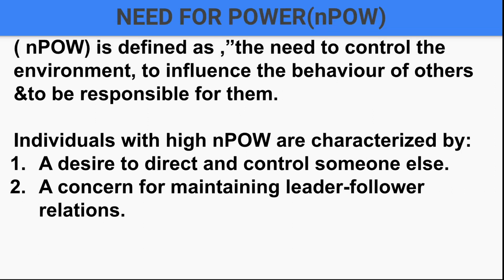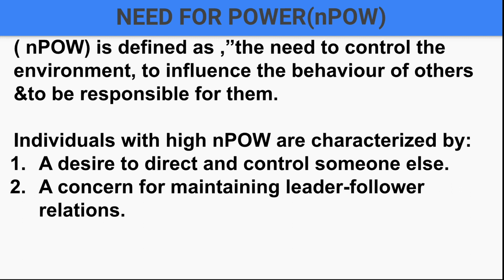First point says that people with high need for power have the desire to direct the other people, right? They will give the guidelines, they will assign the work, and they will also direct and control the assigned work. Clear? Second one is a concern for maintaining leader follower relations.